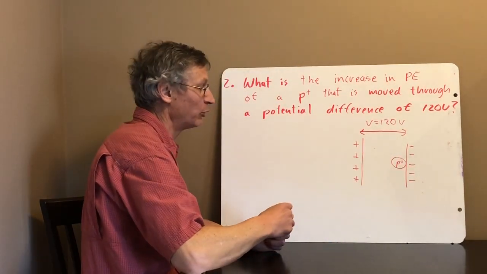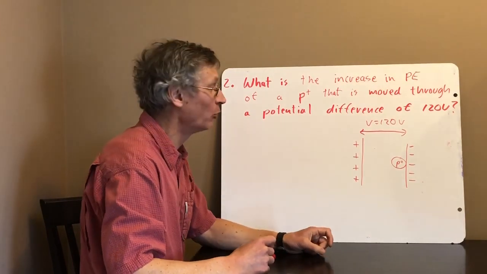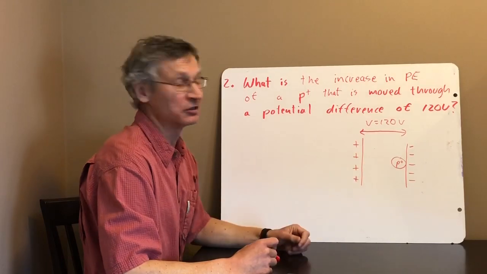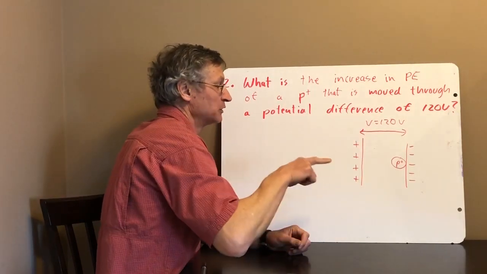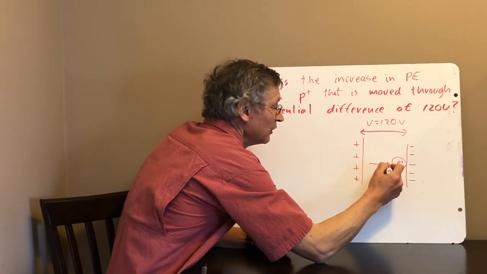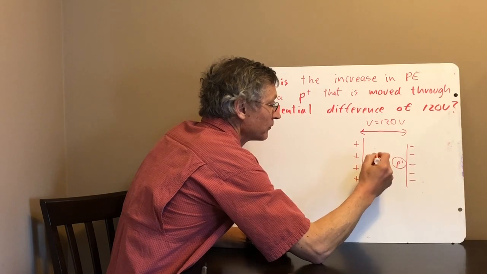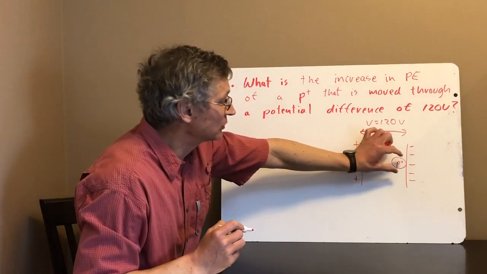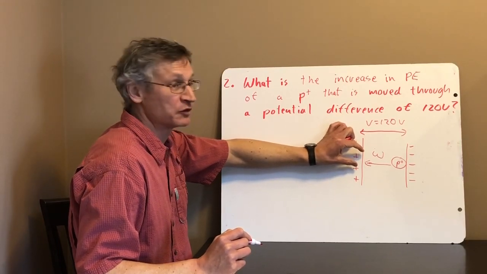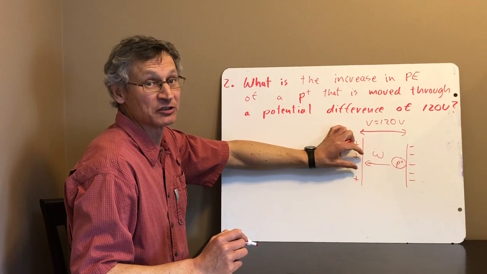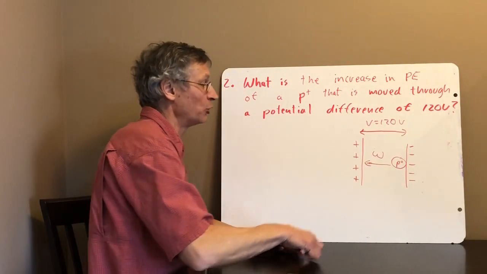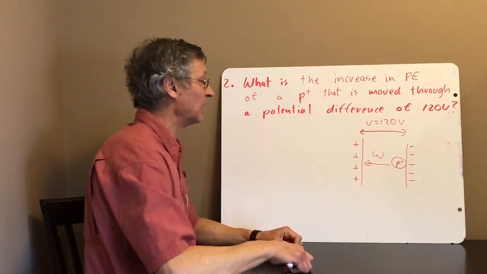And of course, if you have a proton right here at the negative plate, well, right now, that proton has absolutely no potential energy. Because if you're holding it there and you let it go, it's just going to stay there. The negatives are pulling it that way and the positives are pushing it that way. But if you do some work on that proton and you drag it all the way over to the positive plate, now there's potential energy, because if you let go of it, it's going to move on its own right back down to the negative plate.